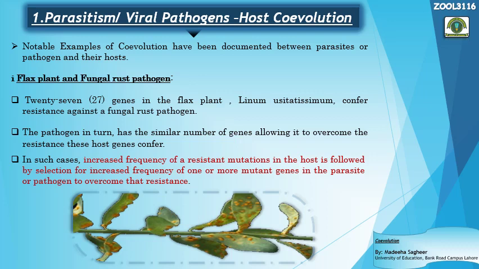So previously this plant did not have any resistance genes against this pathogen, but once the pathogen attacked it and caused rust, in response to this selection pressure the flax plant developed many pathogen-resistance genes. The flax plant developed about 27 different resistance genes against this fungal rust pathogen.